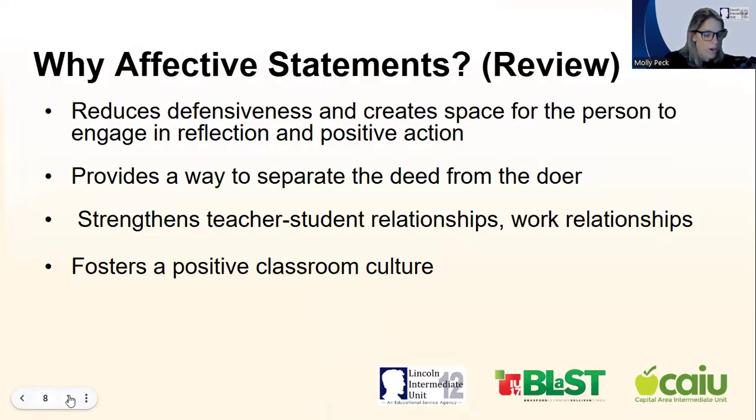So, why are affective statements so important and why do they work? As stated earlier, as humans, when approached with something accusatory, or we feel like there is blame on us, oftentimes we respond with a negative affect or emotion.